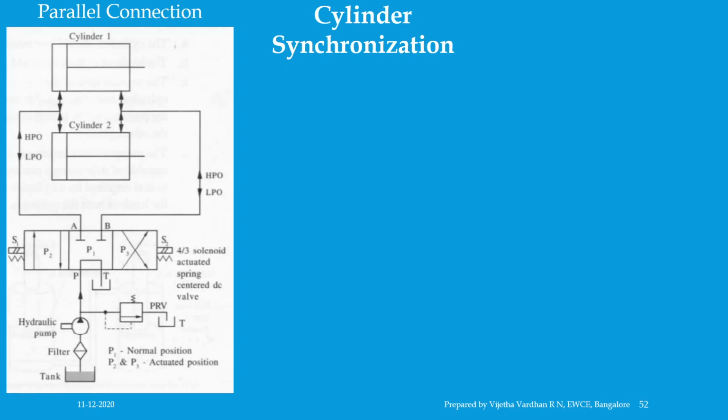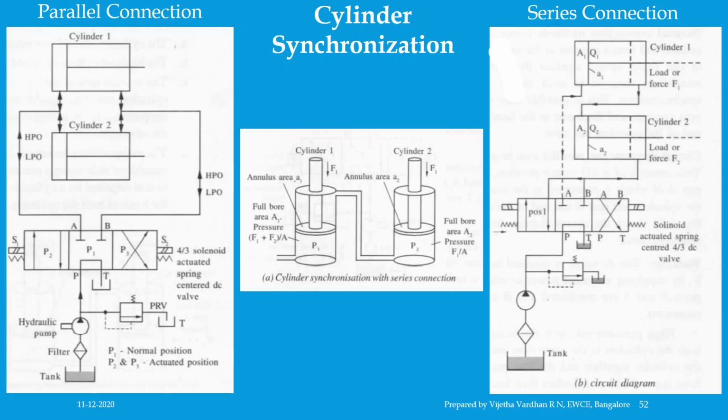Then let us understand the cylinder series synchronizing circuit. This is similar to sequencing of two cylinders without sequencing valves, but both the cylinders extend and retract simultaneously and are synchronized with the help of a directional control valve.